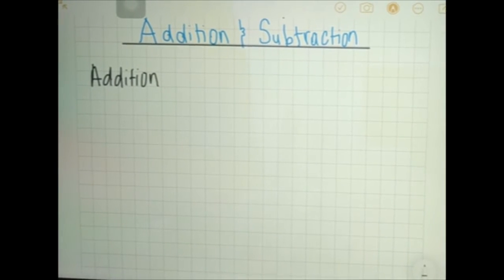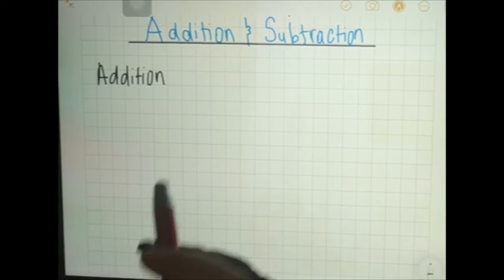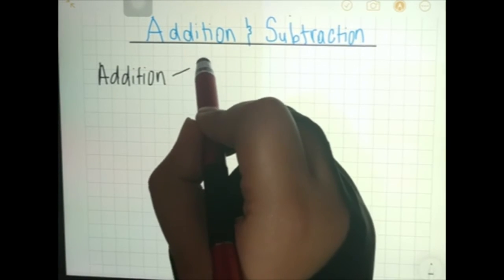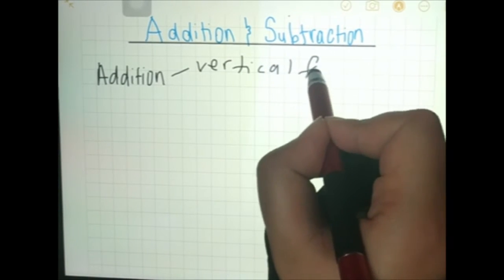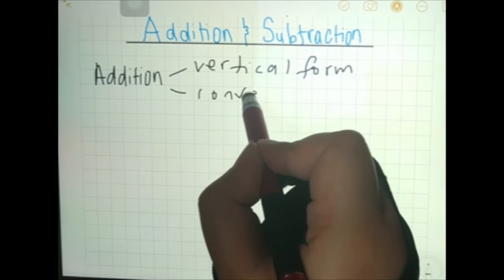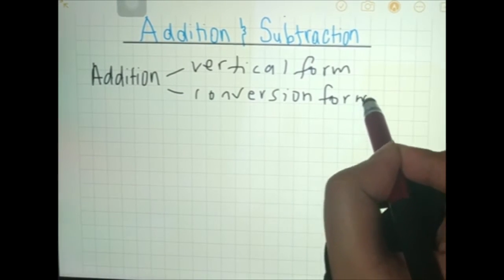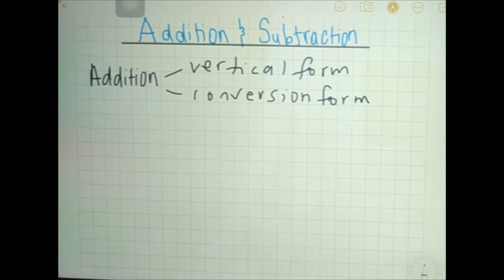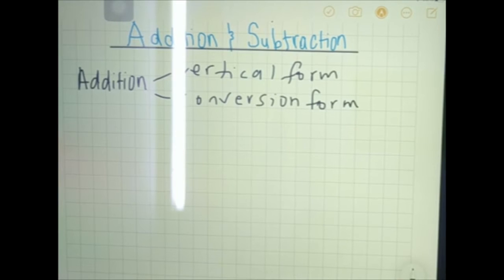Let's move on to addition and subtraction. Addition, we can do it 2 ways. We have vertical form and we have conversion form. Let me show you an example of addition.